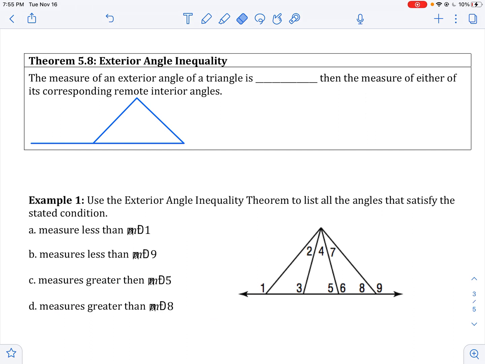In this video, we're going to look at the exterior angle inequality, which says that the exterior angle must be larger than the measure of either of the corresponding remote interior angles.